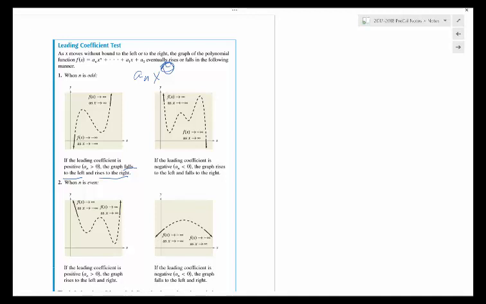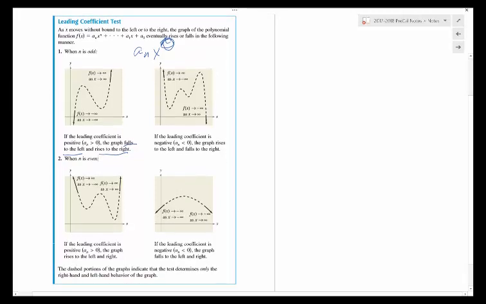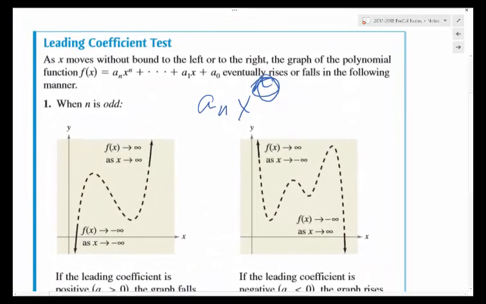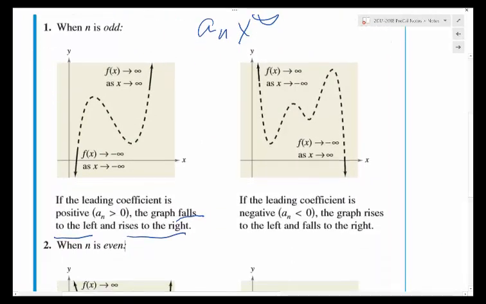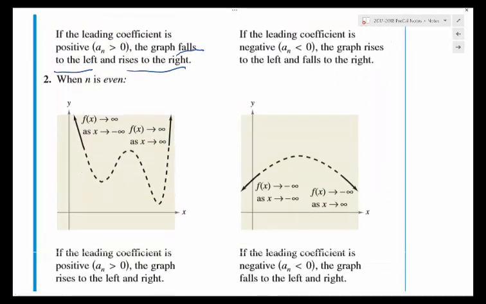So as x goes to positive infinity, it goes down, and as x goes to negative infinity, it goes up. When it's even, both ends go up or both go down. So an odd powered function like x to the third or x to the fifth either goes up left, down right, or down left, up right. And an even one either goes up up or down down. I will zoom in; pause it as you need to write this down.